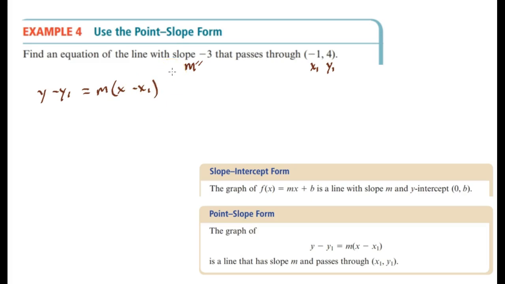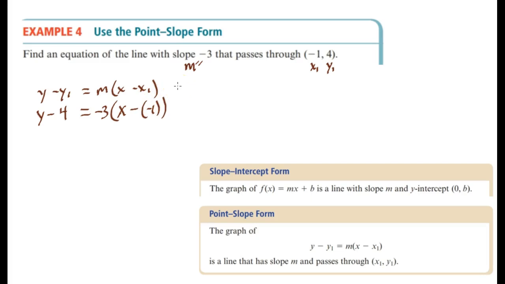And then we want to substitute our given information into the formula. So we have y minus y1, that's 4, equals m, that's -3, and then x minus x1.